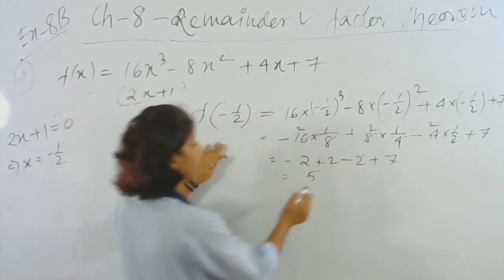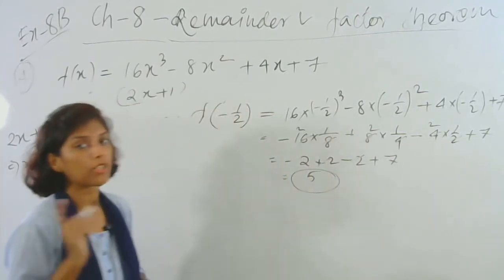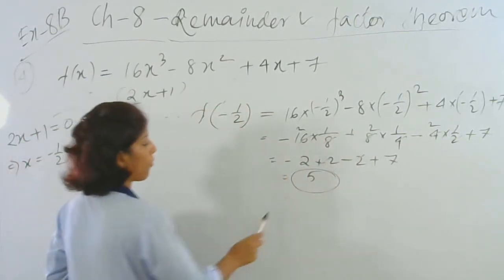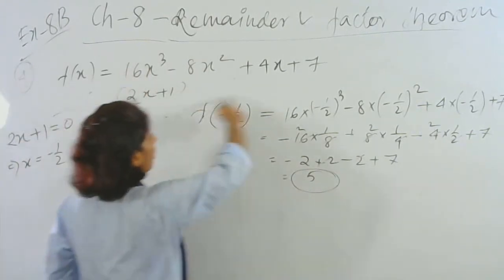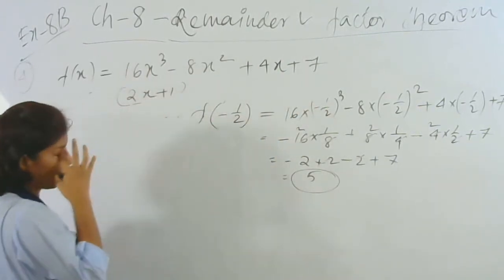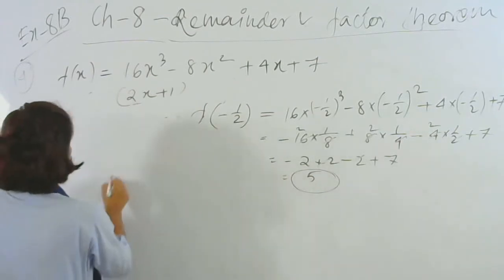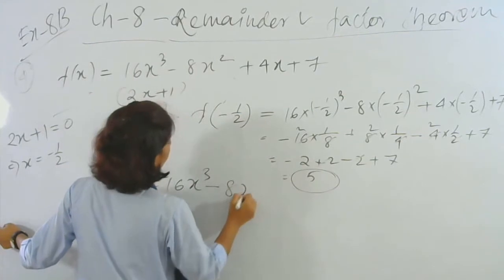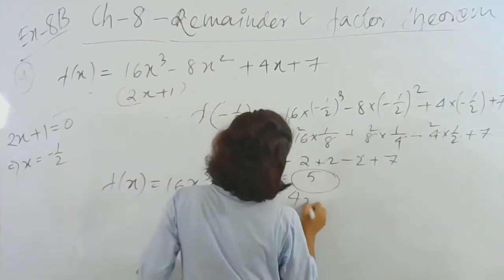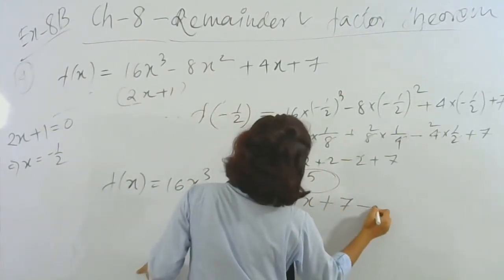But what am I getting as remainder? 5. So it is not equal to 0. So which number is creating the problem? 5. So if I subtract 5 from the polynomial, I'll get the polynomial to which it is a factor.